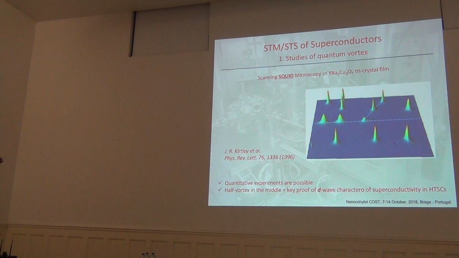These 3 orientations were made in such a way that if the material has D-wave superconductivity, changing the phase 2 times over 2 pi, then in the center, a vortex could only be a pi vortex, not a 2 pi vortex.